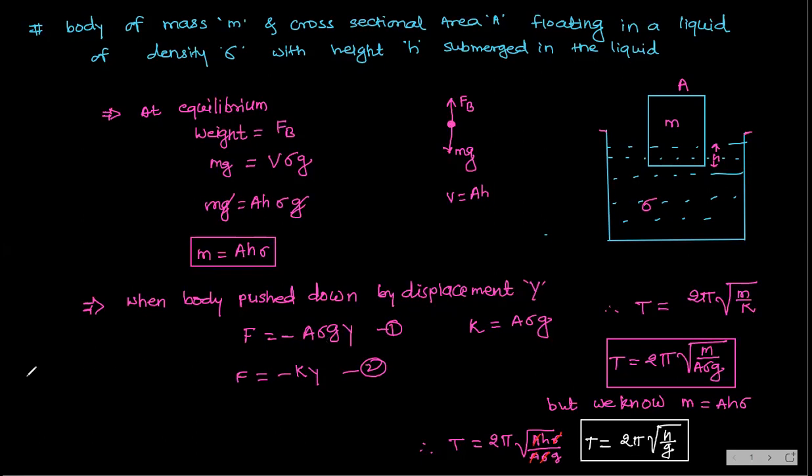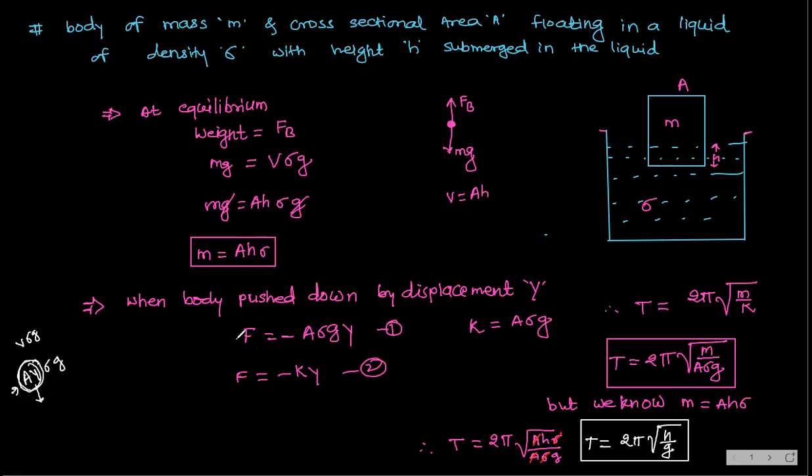Here, maybe you may have some doubt why A y sigma g I have taken. Why I have taken? Because the extra volume that is coming, actually this is also V sigma g only. But this extra volume is coming due to the pulling. Y displacement I have pulled, area into y, into sigma g. What is my point?